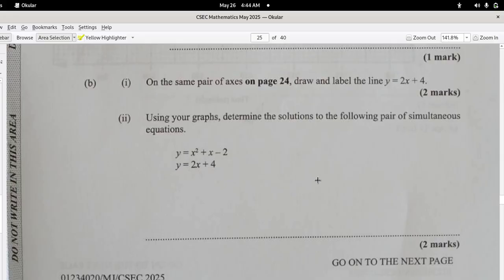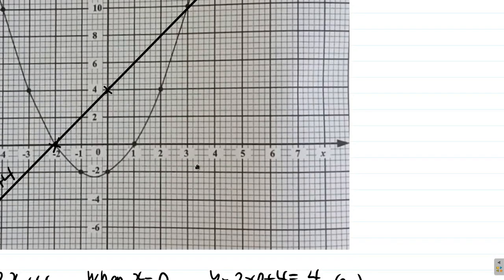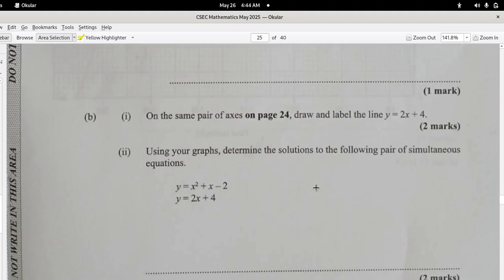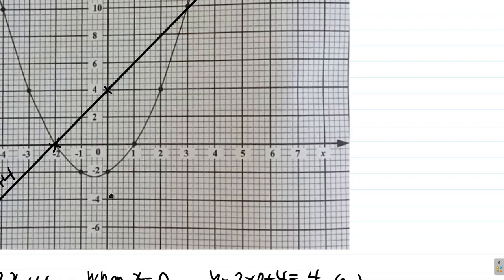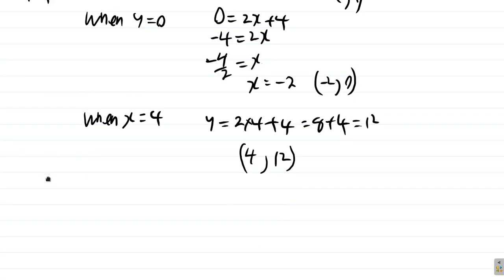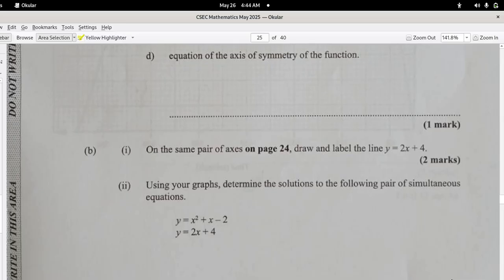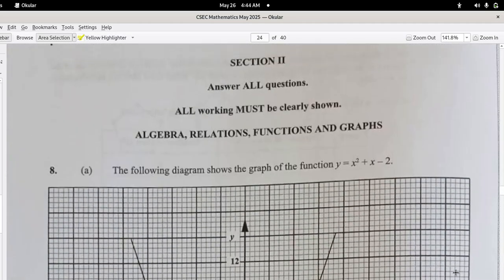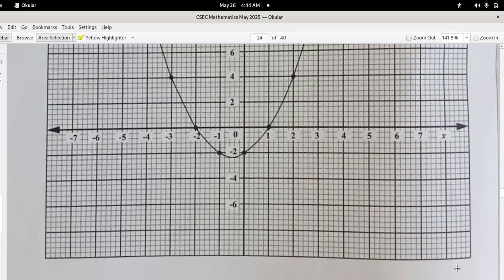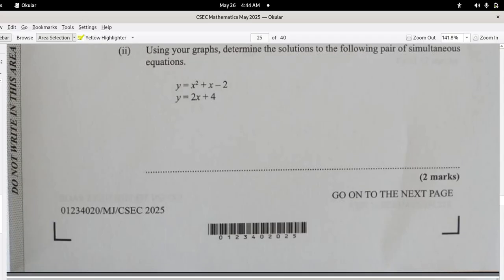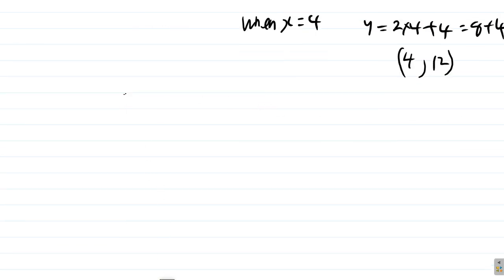So the solutions would be what x would be. This is question 8, so it is 8b2.